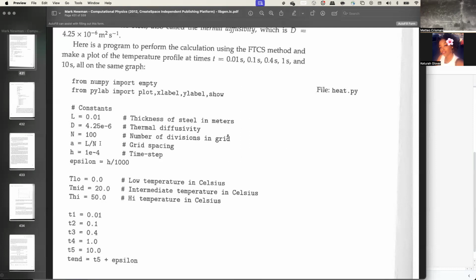Good. Does the index have a length? No. So the index is always like i or j, however you described it. But now I need to multiply it by something. What would I multiply it by? A, the grid spacing. Good. So that's what I'm going to do. So anytime that I see x in here, I'm going to replace it with i times a. Now, of course, those are going to be times, not ia as a constant, right?